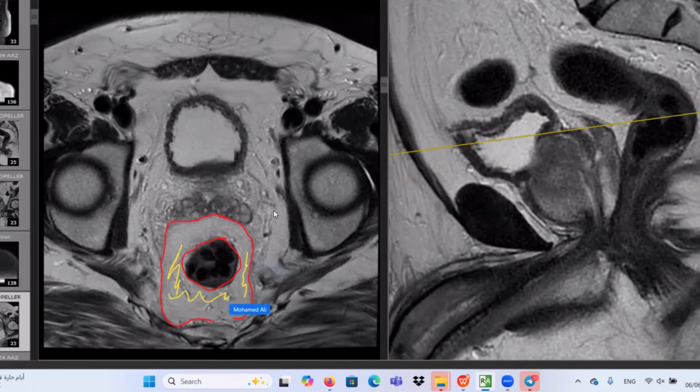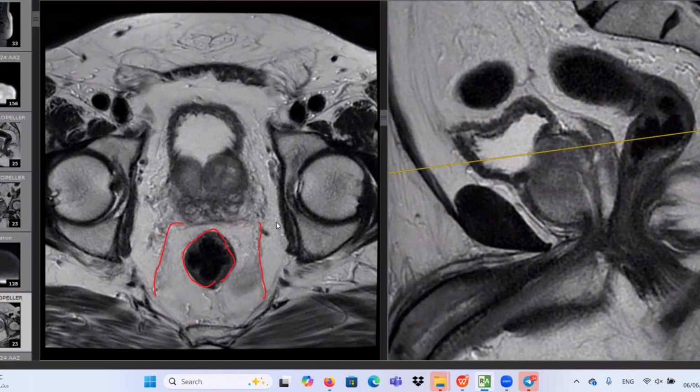Should be clear. We have also the retroprostatic fascia at this point, and the rectoprostatic fascia united together with the mesorectal fascia at this point.